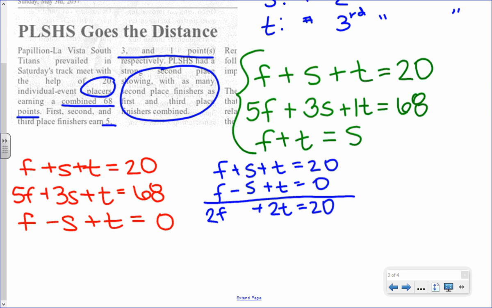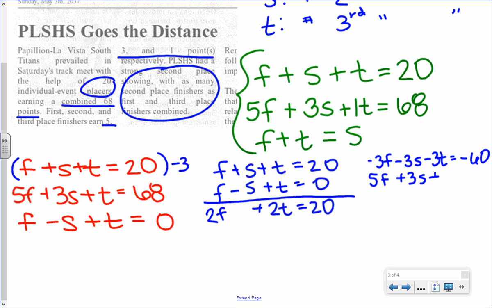What other 2 equations could we choose? First and second? So what would we have to multiply the first one by? -3. Okay. So -3F minus 3S minus 3T equals -60.